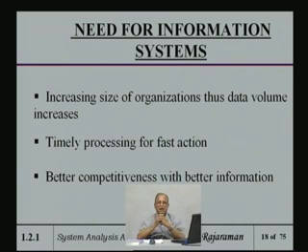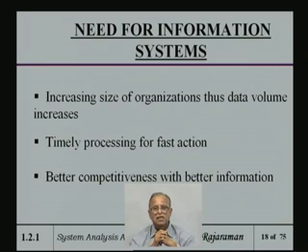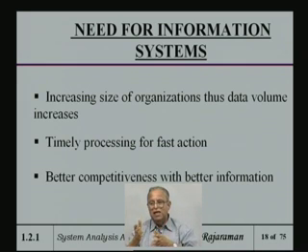Like in the case of a reservation system, the long queues were reduced and you had more counters and more people can work simultaneously, because instead of all these manual registers, the entire reservation status is in a database in a computer.